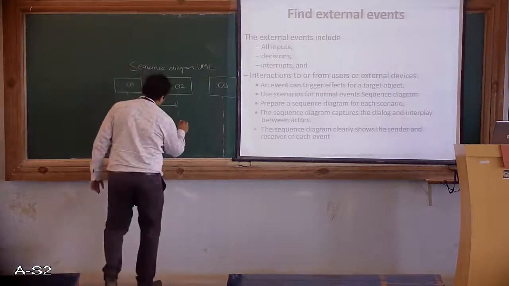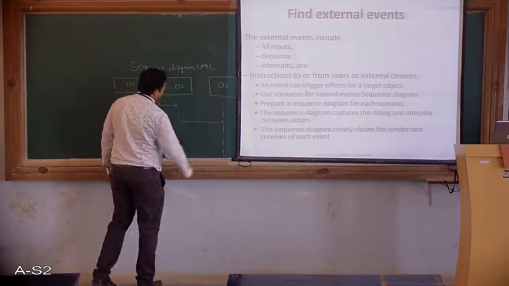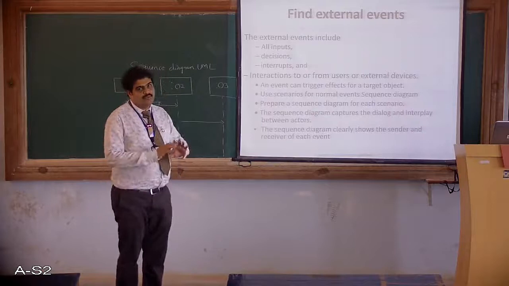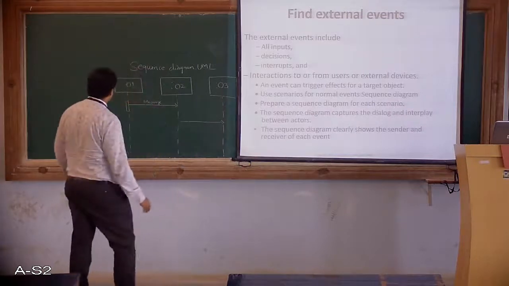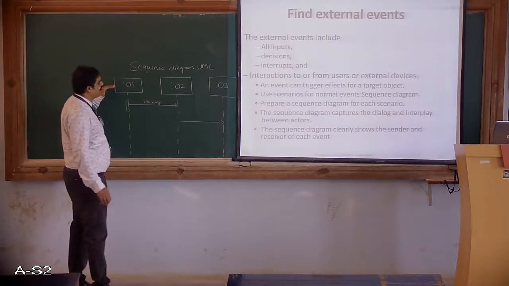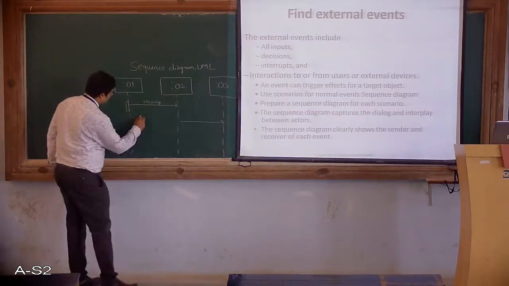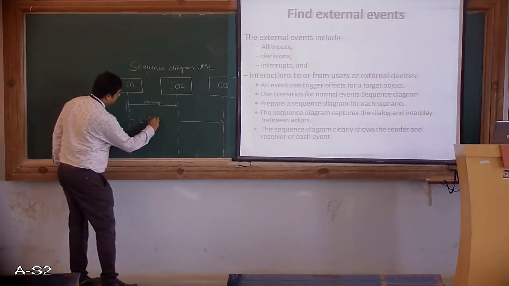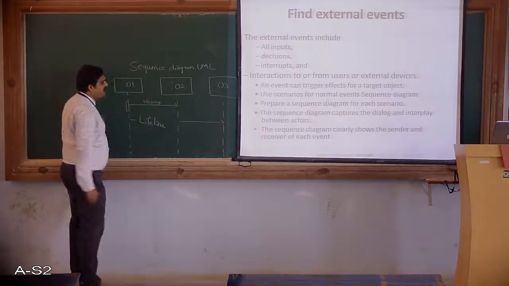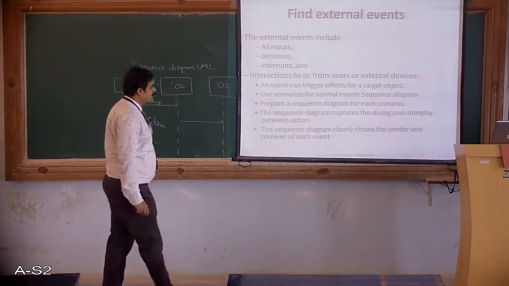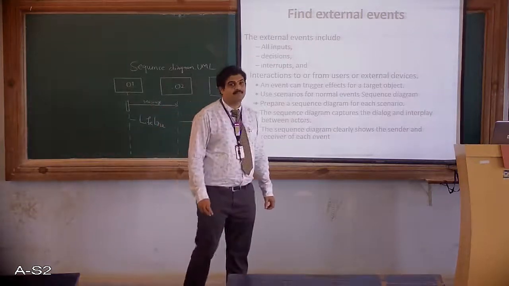So this is one simple sequence diagram. When you look at this sequence diagram, horizontally it is going to have all the objects, then each has its own lifeline, and different messages. That is how you can define a sequence diagram.